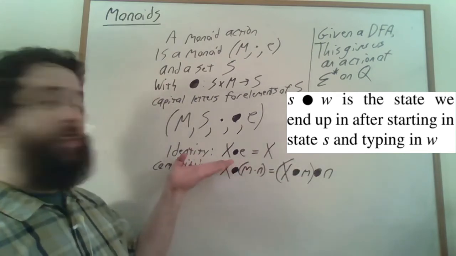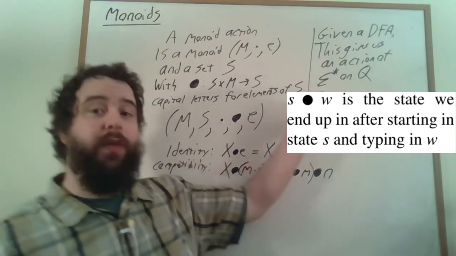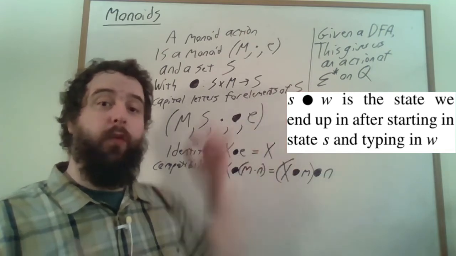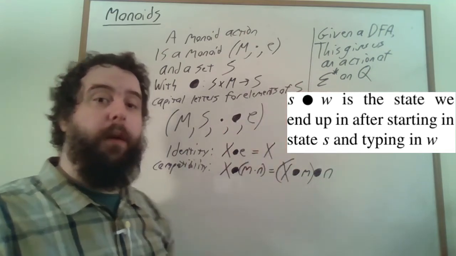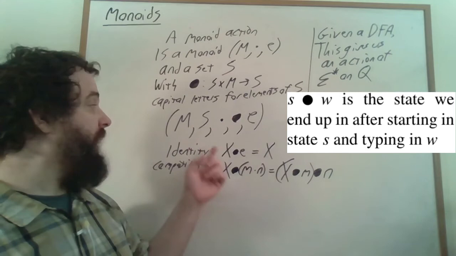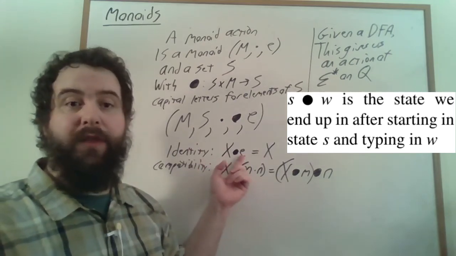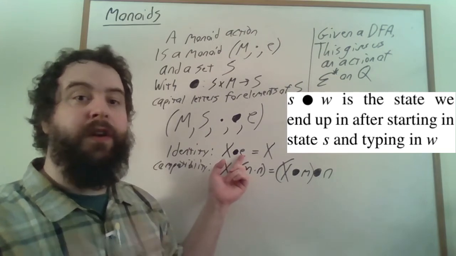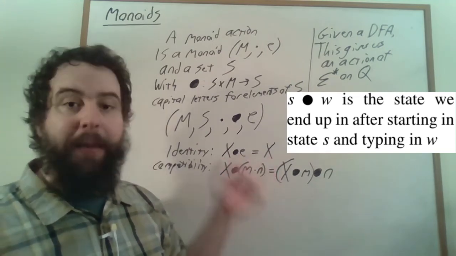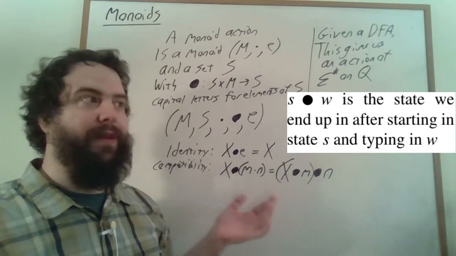So let's check these two properties. We already know that sigma star is a monoid, that words under concatenation form a monoid. All we need to do is check that if we have a particular state and we apply the identity element of our monoid, that is the empty word, to that state, then we get back the state that we started in. Well, that's exactly what happens.